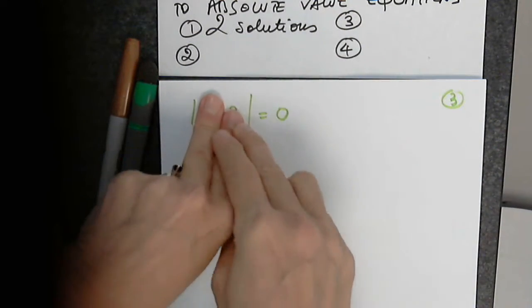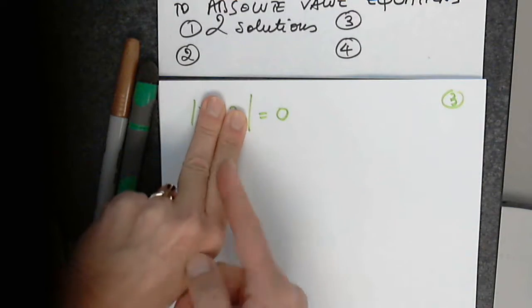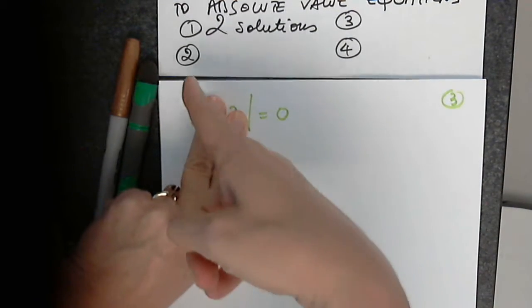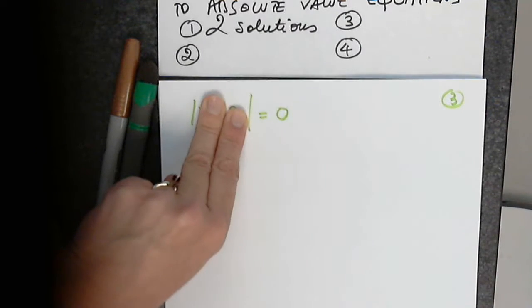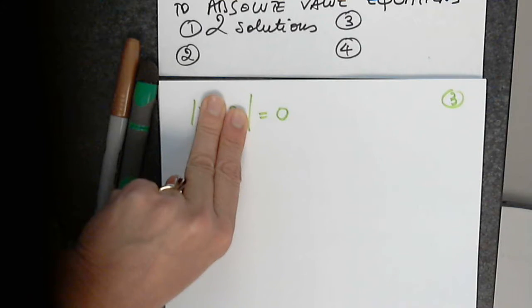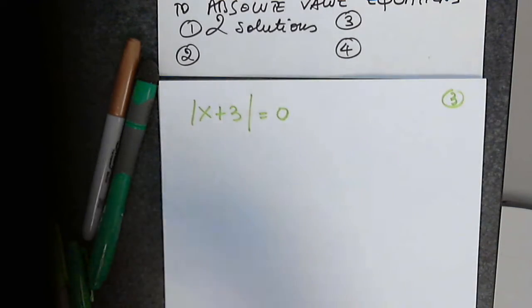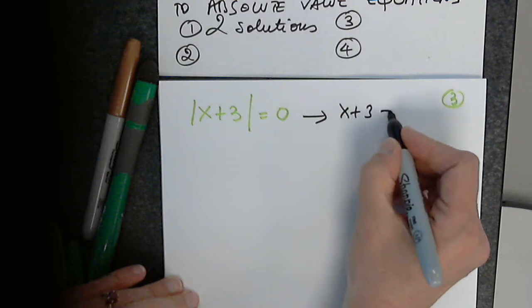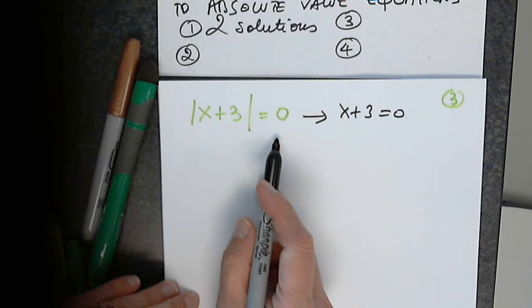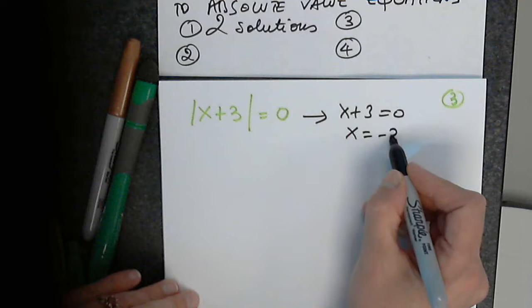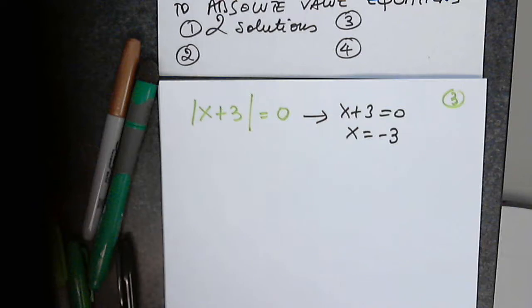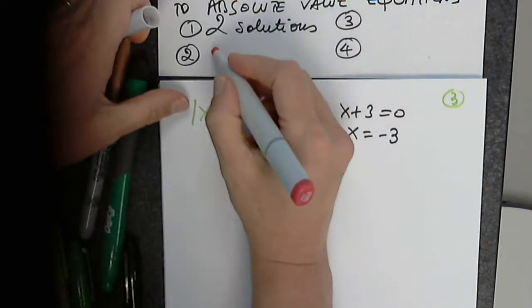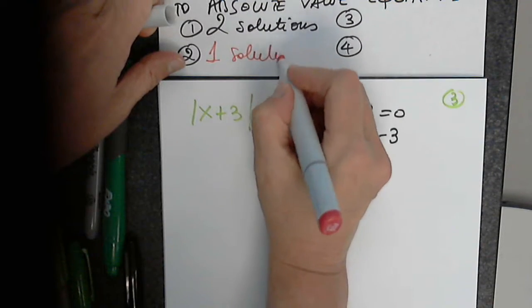So I'm asking myself, I have to find these numbers whose distance from 0 is 0 units. What can I have in here? Exactly 0 and only 0. So x plus 3 must be 0 for this to work. Therefore, x equals negative 3. How many solutions did this absolute value equation have? 1. So then I'm going to add my second option, 1 solution.